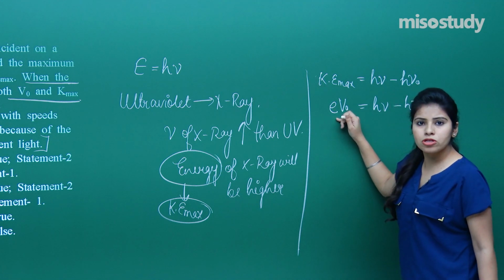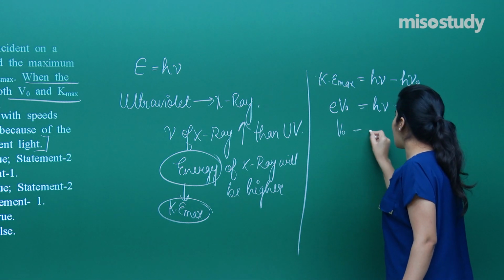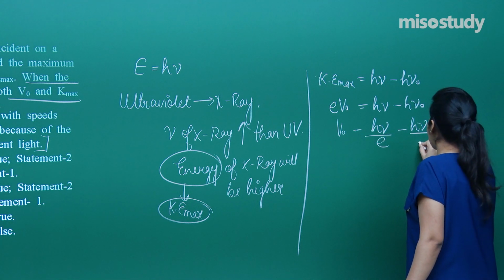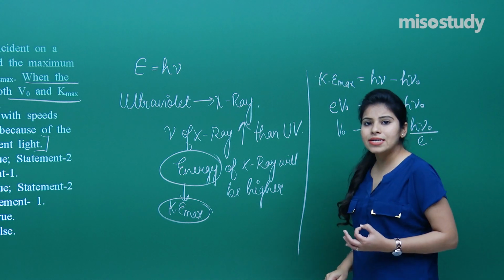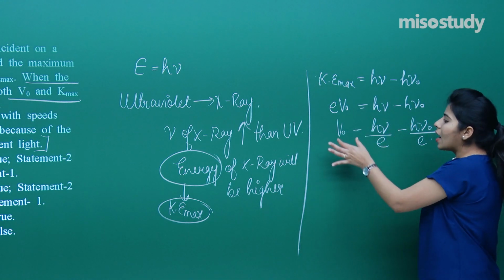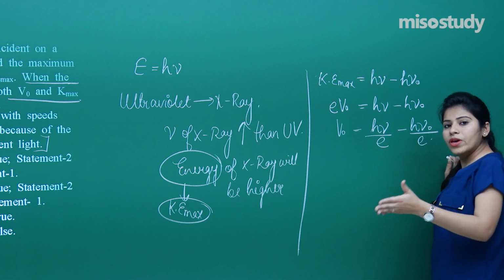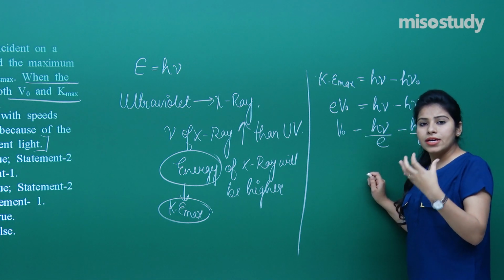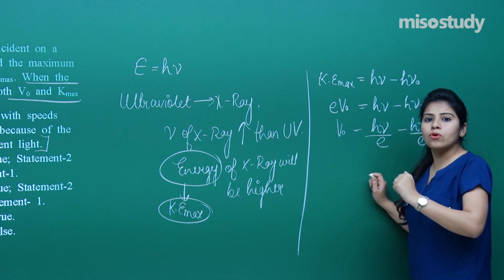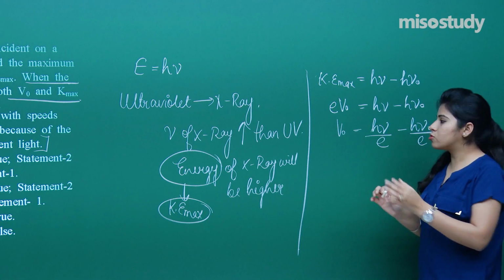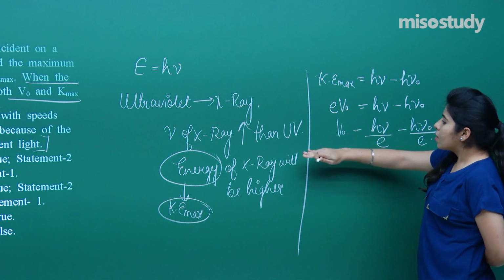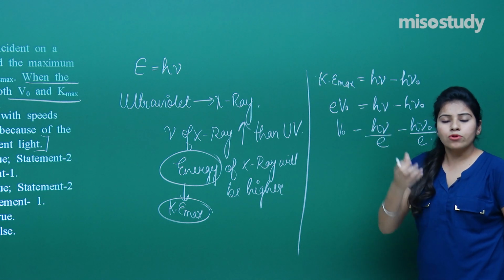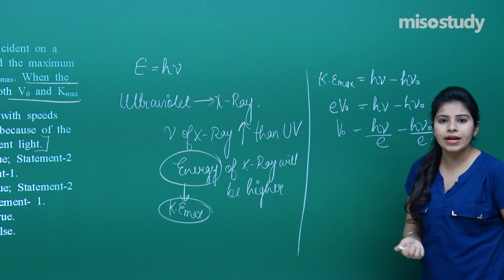So if I talk about the stopping potential, I can write it as h nu by e minus h nu naught by e. Now you will see that because the kinetic energy is increasing, if the energy of the incident photon is higher, then electrons will be emitted at a higher rate.